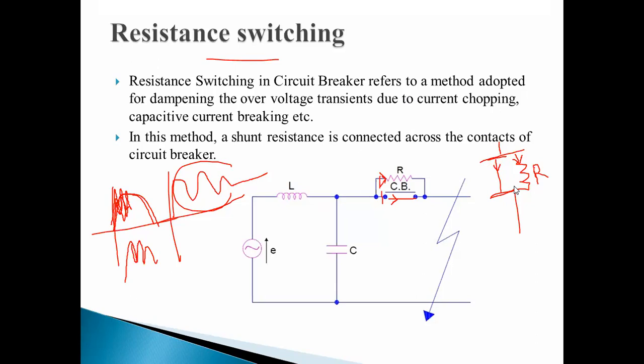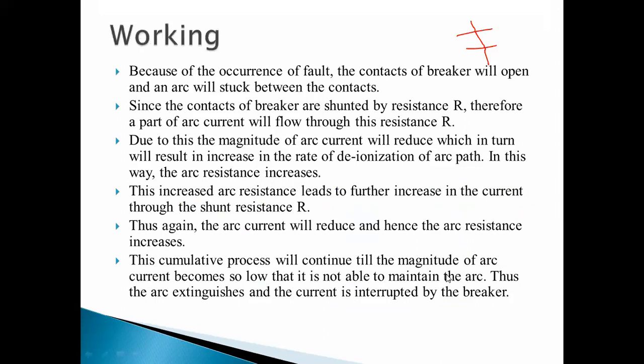Arc resistance will increase. Correct. So arc resistance increases, and this cumulative process will continue till the magnitude of current becomes too low and it is not able to maintain the arc.